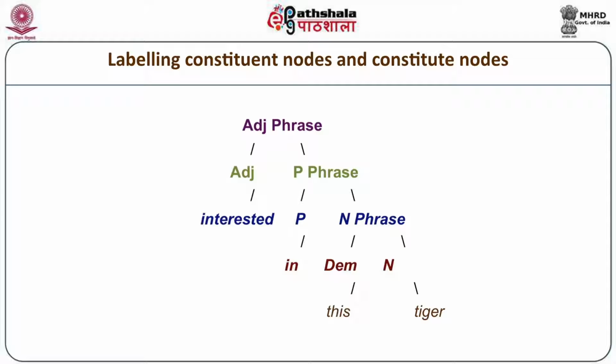"In this tiger": "in" preposition, "this tiger" noun phrase, so it's a prepositional phrase, because the preposition is the head. You go like this all the way up the tree. That is the logic of drawing a syntactic tree, and it is the basis of showing how the construction works. This is all that you need to know.